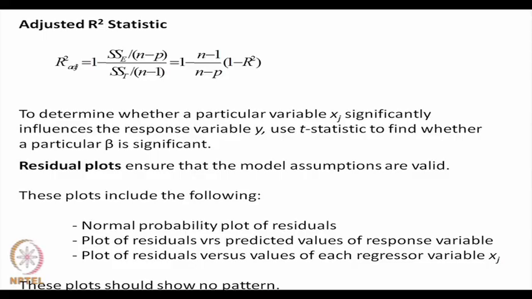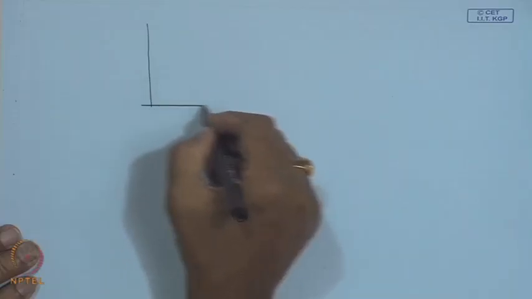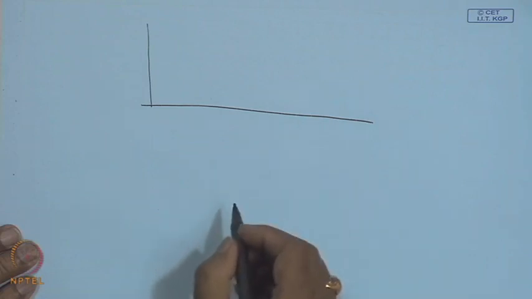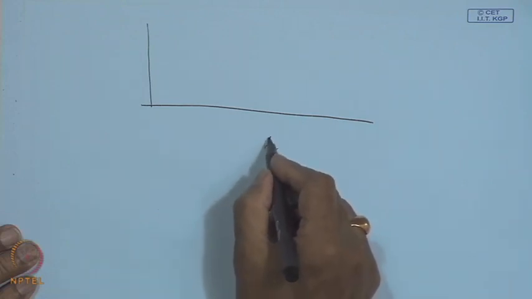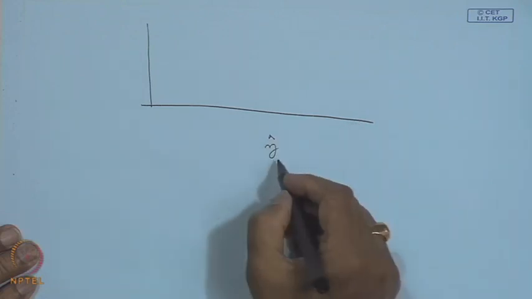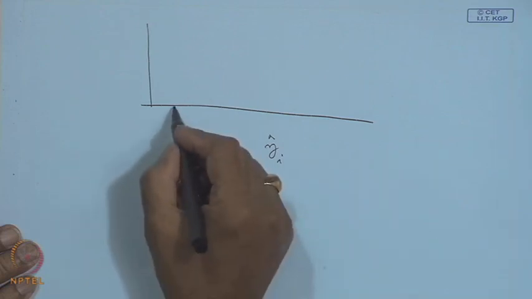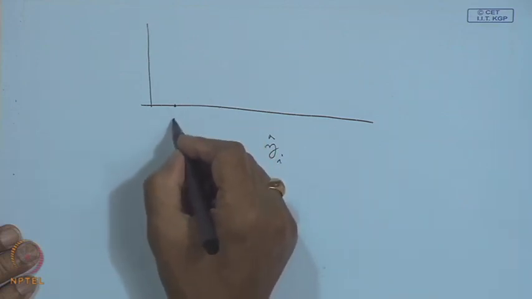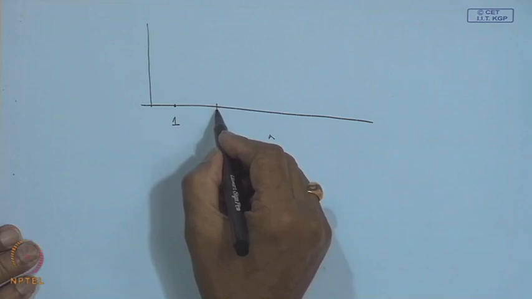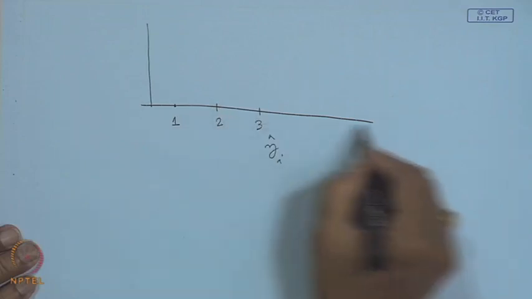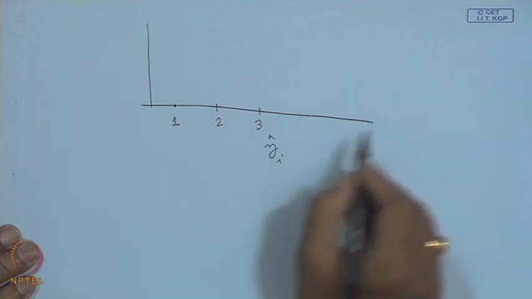The second type of plot required for residual analysis is the plot of residuals versus the predicted values y hat for different i. So, this is observation number 1, number 2, number 3 and like that 8 or 10 observations.